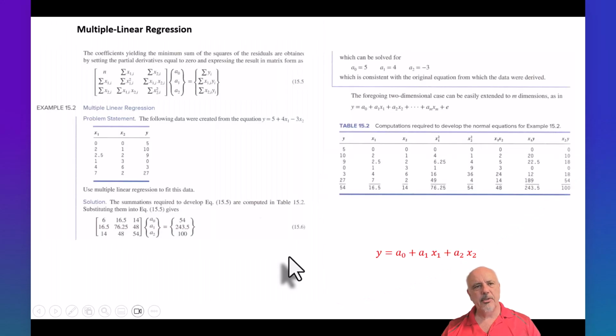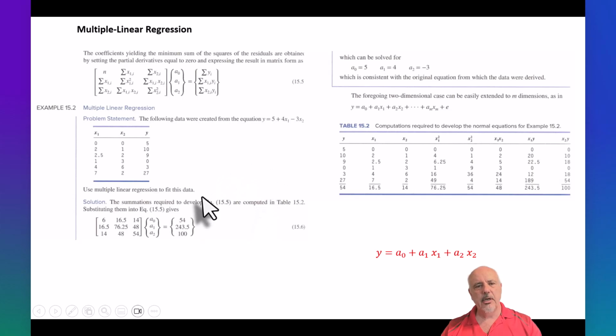So that's polynomial regression. Multiple linear regression. We're interested in figuring out A0, A1, and A2. That takes this given data, the X1, X2 data, and fits it to this Y data that we're also given.